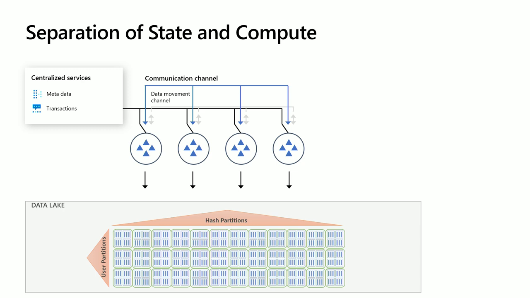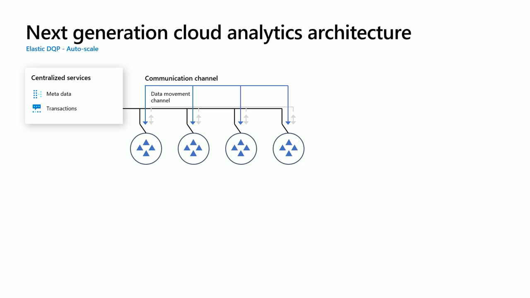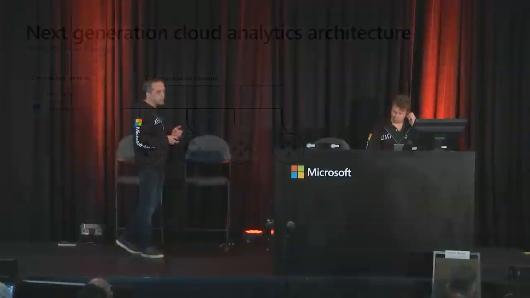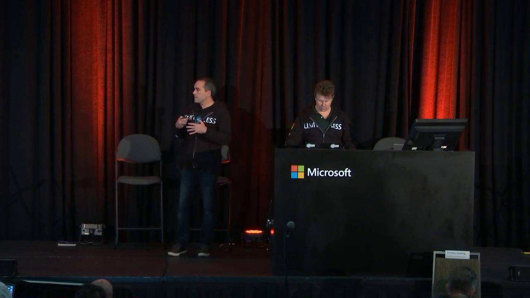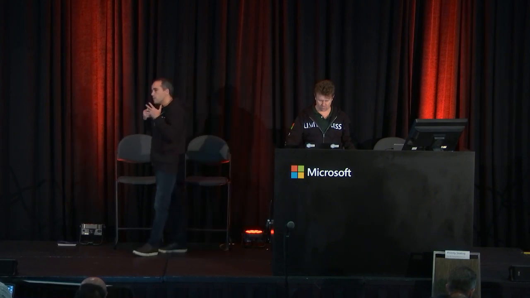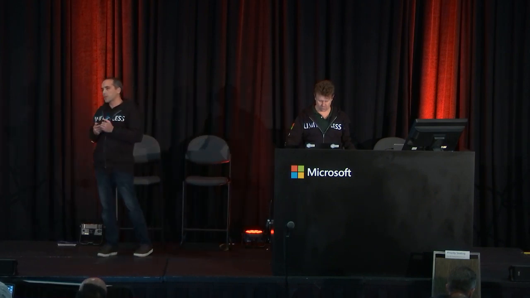With that, now we can beautifully simplify the problem of elasticity over the lake as a bin packing problem of query tasks over the compute nodes that we have available for execution. So let me explain that by means of an example. Again, we have 4 compute nodes, with 4 query tasks on every compute node. Let's imagine that there are times in the workload when we reach peaks of load.